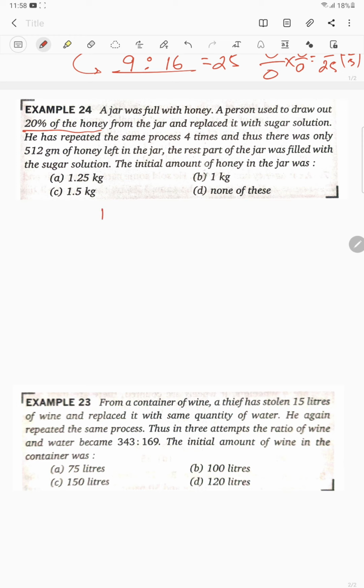Okay, so honey and water, right? 20% is the replacement ratio, so 1 by 5 is the replacement ratio.